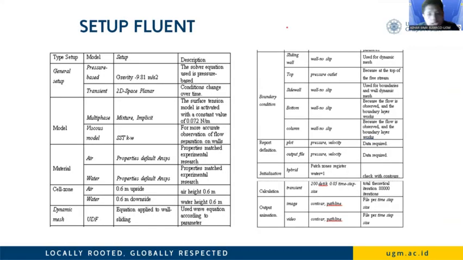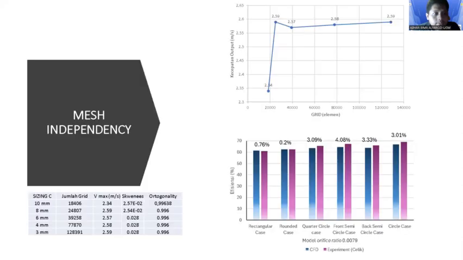This is the setup simulation in the software Fluent. The transient model is activated, and the material, cell zone, dynamic mesh, boundary condition, report definition, initialization, calculation, and output animation can be read in this slide.